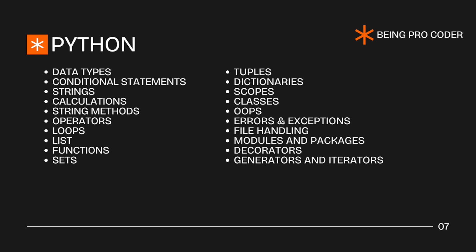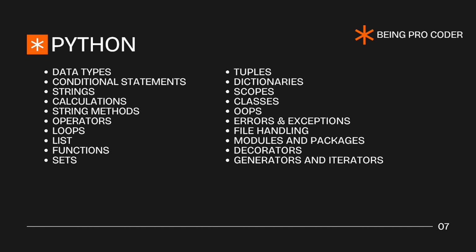Next, string methods are built-in methods to work with strings, like length of the string, uppercase or strip. Operators include arithmetic, comparison and logical operators. Coming to loops, for loop and while loop. Next, the list is a collection of items stored in a specific order, and functions are blocks of reusable code.